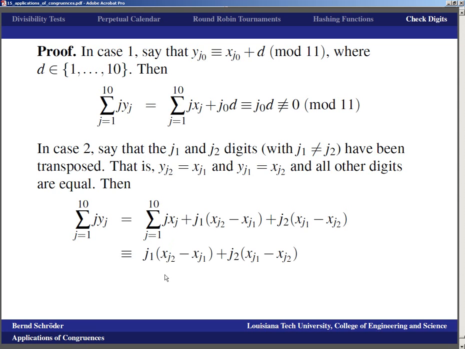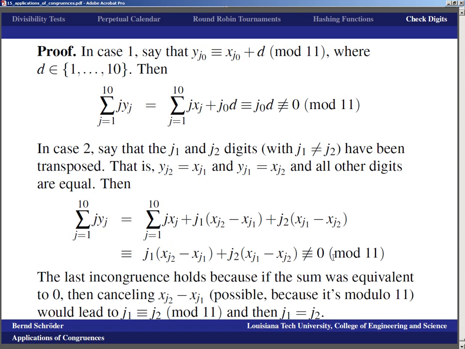Well, that is equivalent, because again this sum is equivalent to 0 modulo 11, to j1 (x_j2 minus x_j1) plus j2 (x_j1 minus x_j2), and that's not equivalent to 0 modulo 11. And that is because if that sum was equivalent to 0, then we could just bring, let's say, this term to the right side, and all of a sudden both sides have a term x_j2 minus x_j1, and we could cancel that because we're going in arithmetic modulo 11, and this difference of digits will not be a multiple of 11.